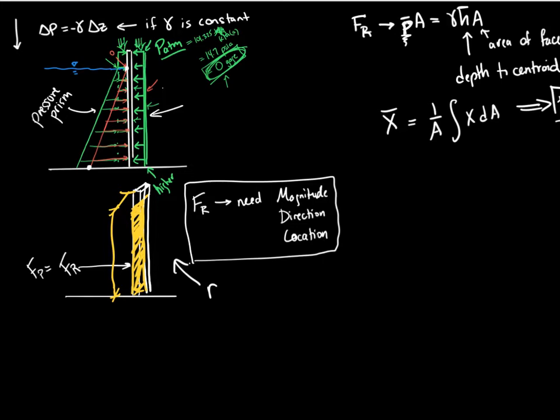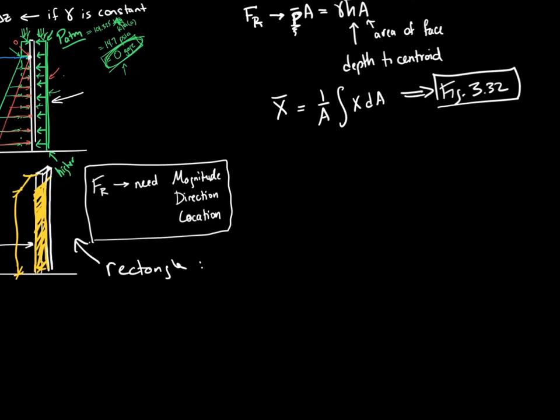If you're swimming, I always like to draw the little eyeball, and you look at it and you see a rectangle. Then what you're going to do is go to this figure right here and look up a rectangle. And what the rectangle is going to tell you is that the centroid is halfway down this rectangle. Okay, cool.